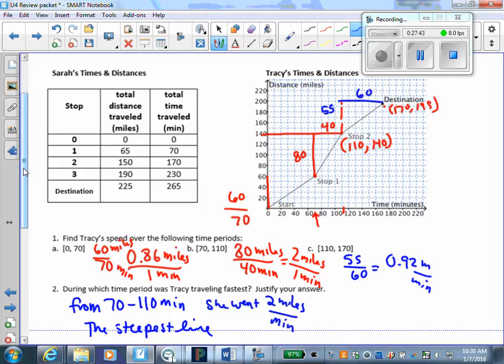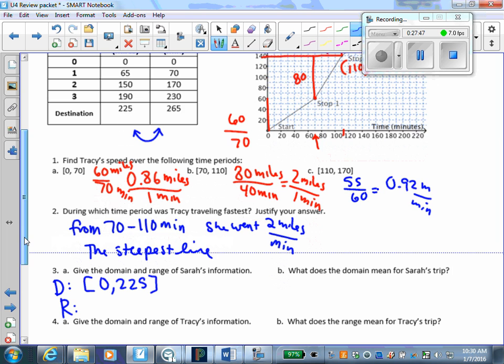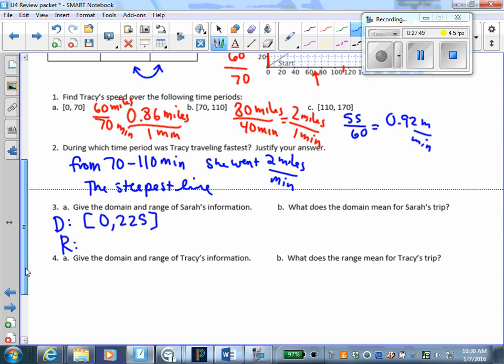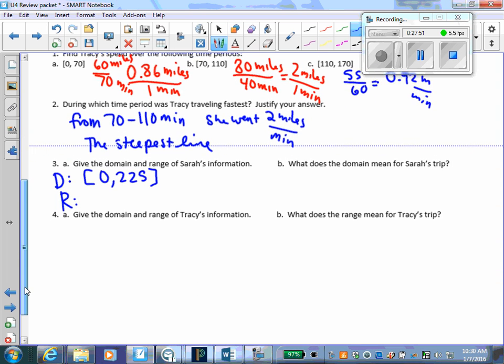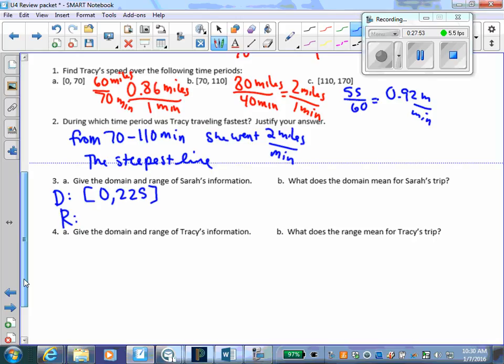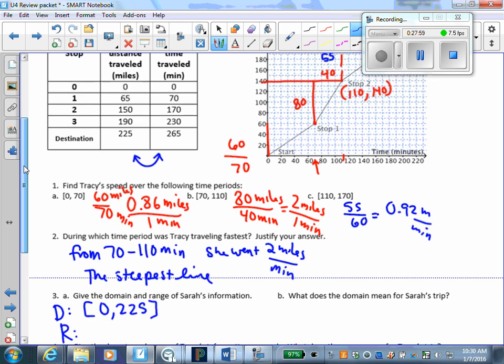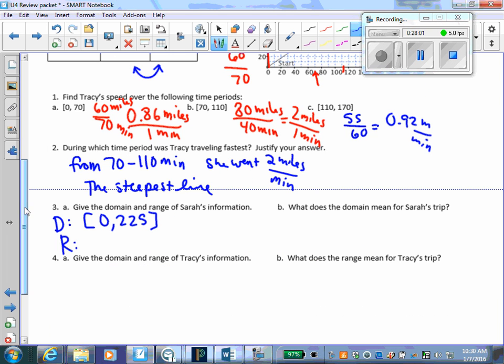So I might tell you that, except I won't be here on Monday, so maybe somebody will tell you that. This is too bad. We'll talk about it before your test, but the way it's given here, the domain is 0 to 225. The range would be 0 to 265. We may switch those because they probably should be switched, but that's the way they're listed now.